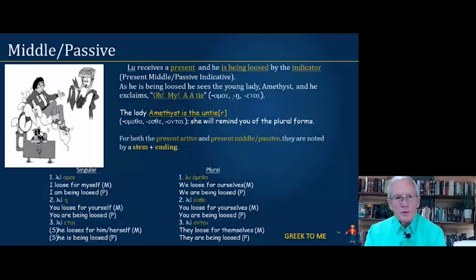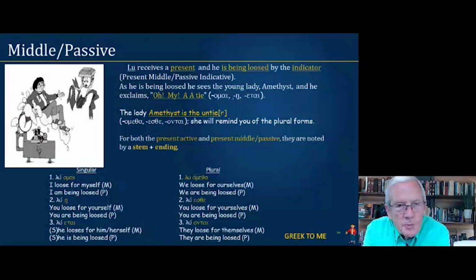Now, our memory picture above is this. Lu receives a present. That is a passive voice. He's receiving it. As he is being loosed, again, passive voice. It's happening to him. He's being loosed by the indicator. Remember, the indicator gives us a statement of fact. So that tells us present, middle, passive, indicative of luo.